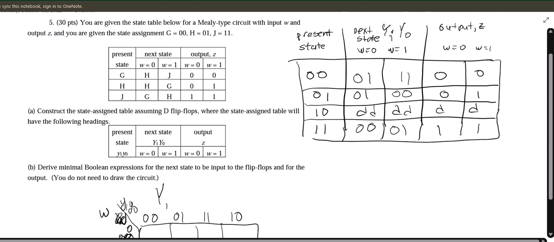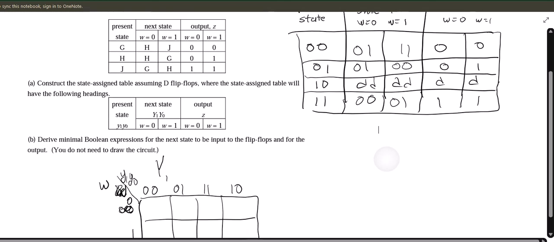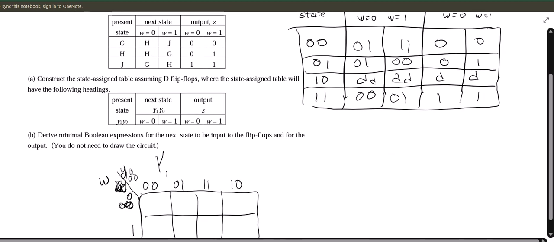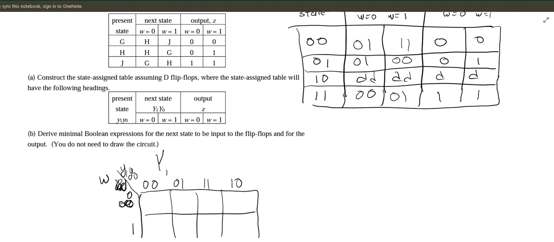Now Y1 is just the first column of our next state here. So notice for 10, we have don't care, so we can go ahead and put in don't care. And when W equals 0, Y1 equals 0 everywhere, so I can just put zeros right there.